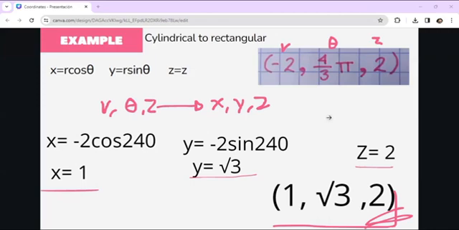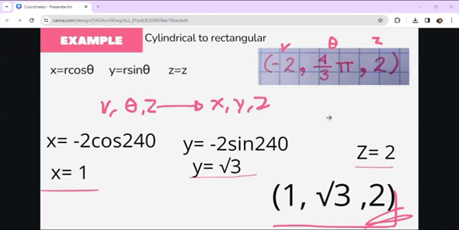These are the formulas, and we are going to use all the numbers of the exercise. Here x is equal to minus 2 cosine 240, and we are going to put it in the calculator.